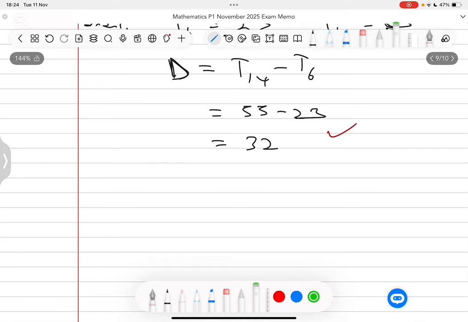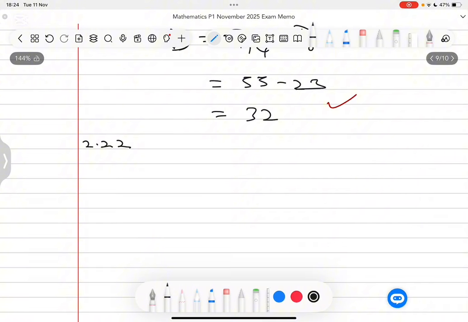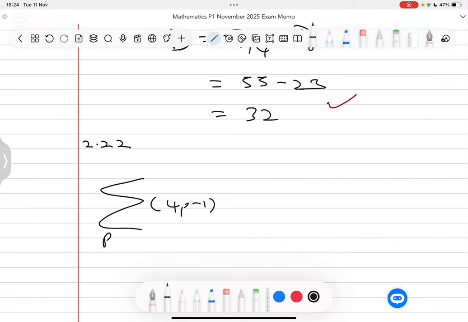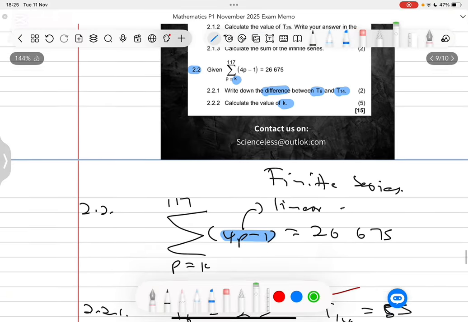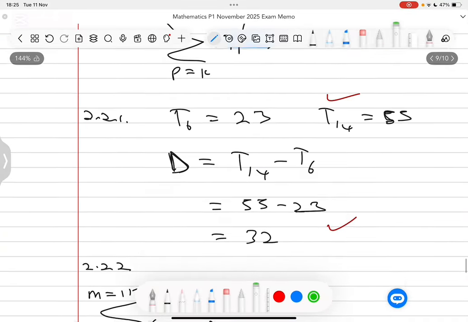But before we get to that, let us rewrite our sigma notation: the sigma notation of 4p minus 1, starting at p equals k and ending at, I'm going to change this to say m equals 117. So my upper bound is m, and it's 117 because we know that this is 117.